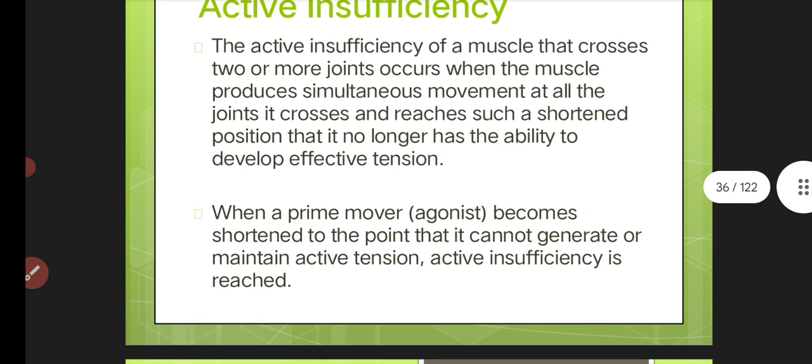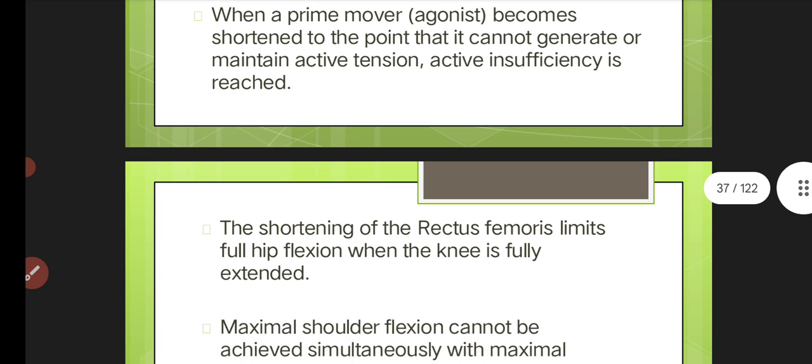When a prime mover, meaning the agonist, becomes shortened to the point that it cannot generate or maintain active tension, active insufficiency is then reached.